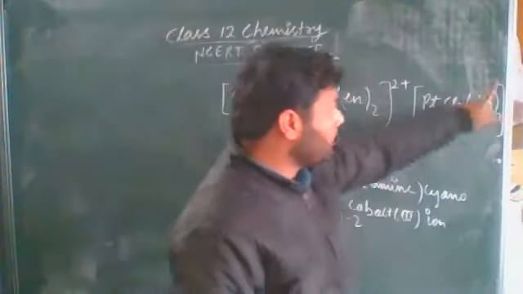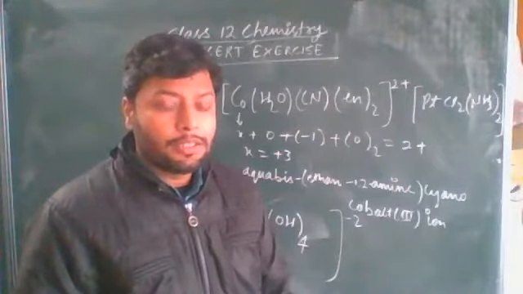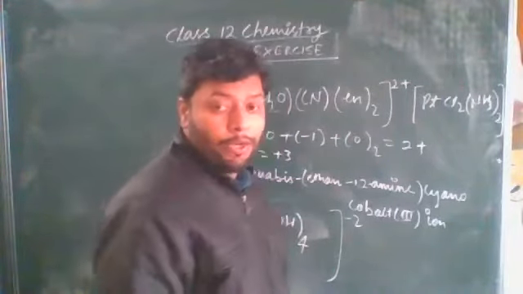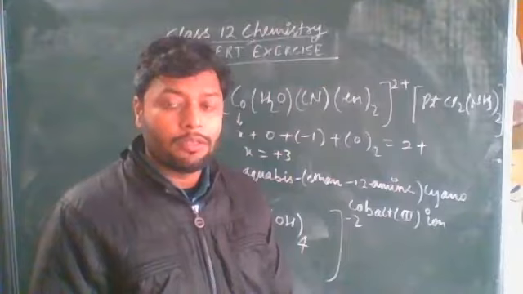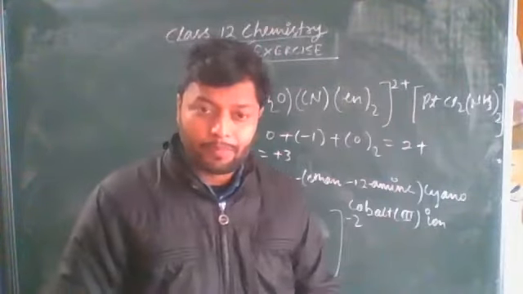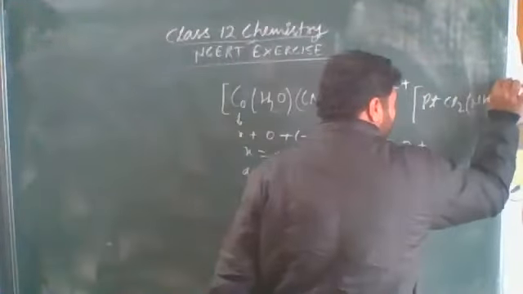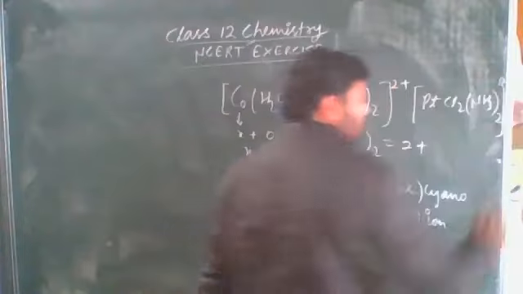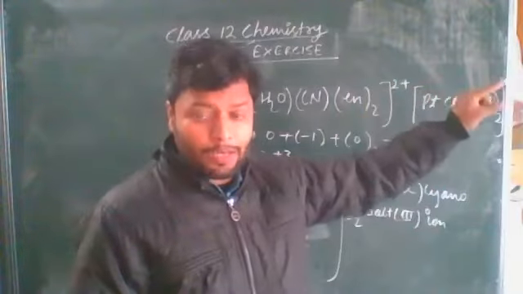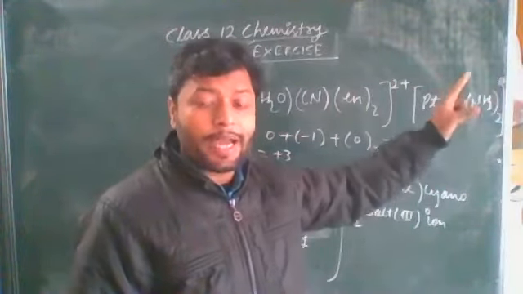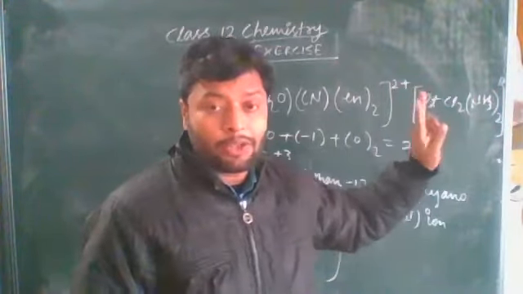So what should be the charge present here? Any guesses? Okay, the charge should be 0. Actually, students, this complex should be neutral, because when the complex carries 0 charge, the two Cl minus will give platinum the +2 oxidation number.